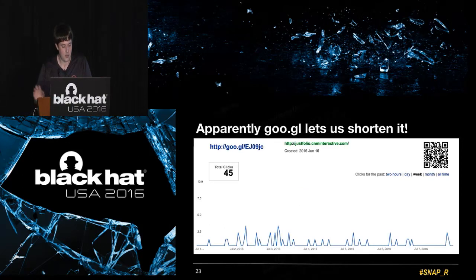And we looked through a lot of different URL shorteners, and we found goo.gl lets us shorten it, and several others. And as a side note, it looks like this is being used in the wild or for pen testing or something, because when we shortened it, it was already at the far right, and people were clicking on this shortened link well before we shortened it ourselves, right?